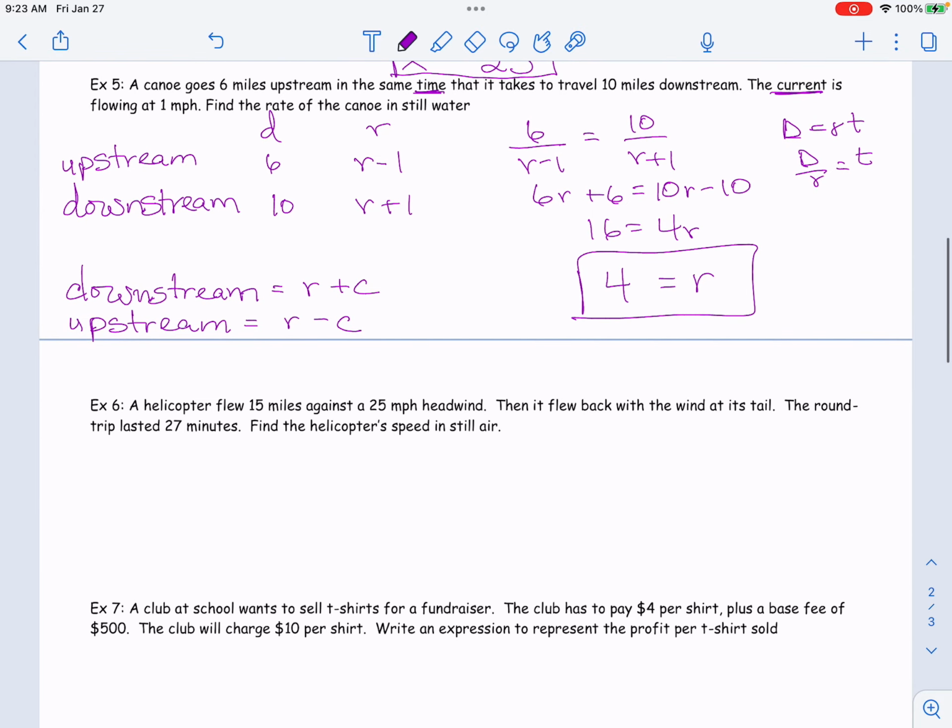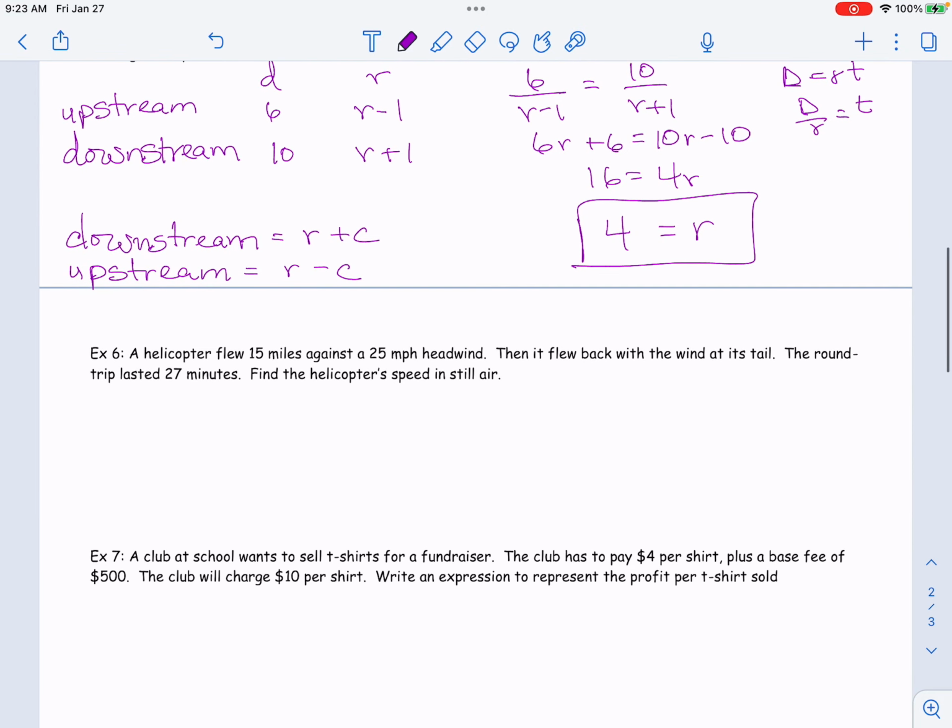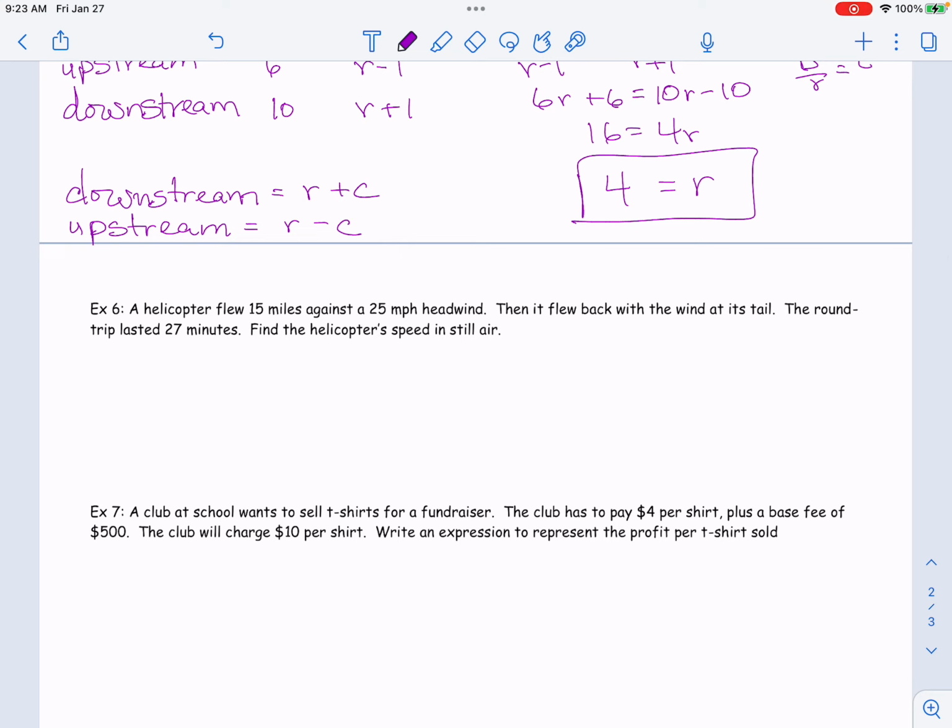Okay. You have a helicopter. I'm going to set this problem up because these numbers are going to end up being really large and I don't want to do it. So we have headwind and we have tailwind. It says that the helicopter flew 15 miles against the headwind.